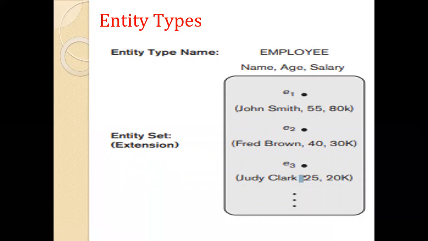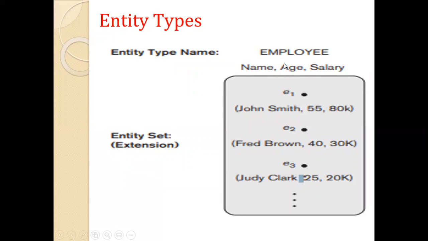Okay, so entity type is a collection of entities which have similar attributes. Like if I take an employee entity type, then all employees in the employee entity type should have the same properties like name, age, and salary.